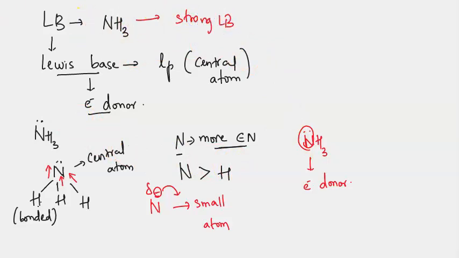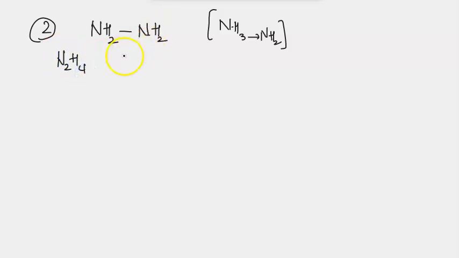Consider the second compound, that is NH2NH2, which is called hydrazine. This is obtained by removing one of the hydrogens from ammonia and replacing it with an NH2 group. So then we get this compound NH2NH2, or you can also write it as N2H4, which is called hydrazine.